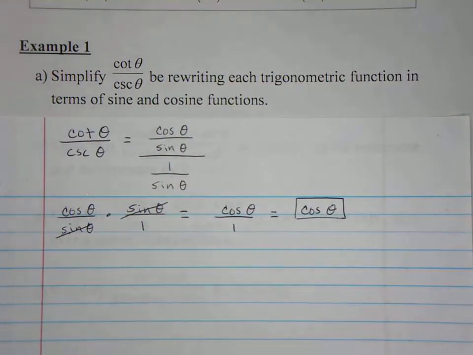So the whole point of showing you that is, again, just to show you that one option for simplifying these expressions is using quotient or reciprocal identities to rewrite these functions that don't have anything in common to have something in common that we're able to reduce. So there's part A.